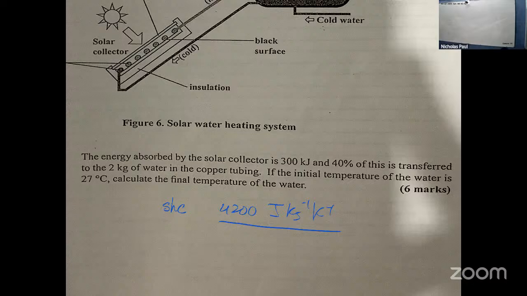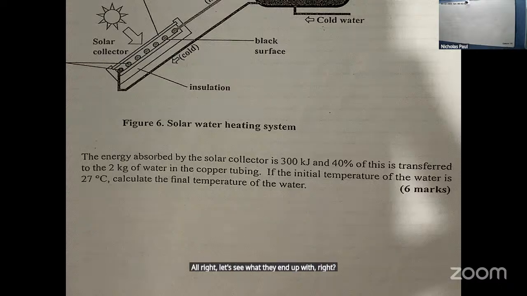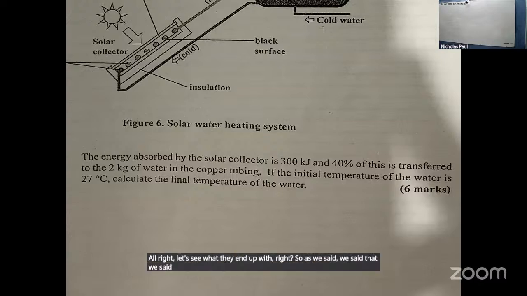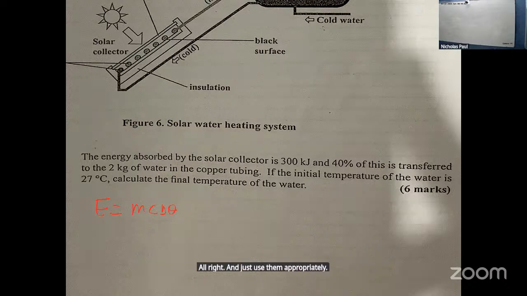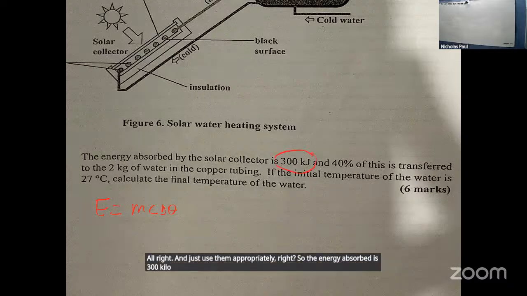All right, let's see what you end up with. As we said, it's undergoing a temperature change. E is equal to MC delta theta. Two formulas alone we have to use, and just use them appropriately. So the energy absorbed is 300 kilojoules, 40% is transferred.